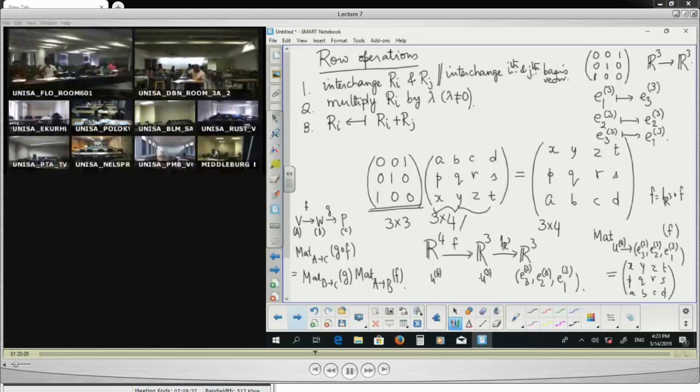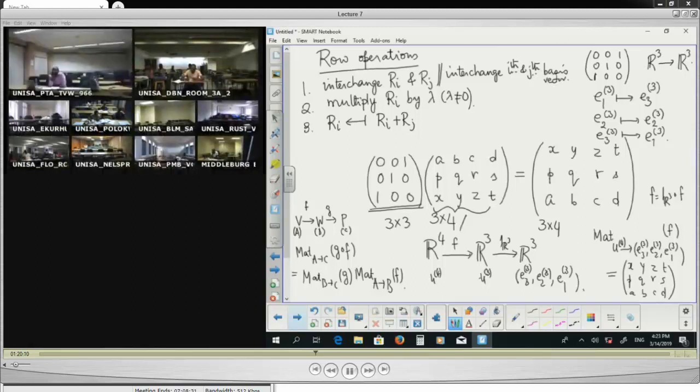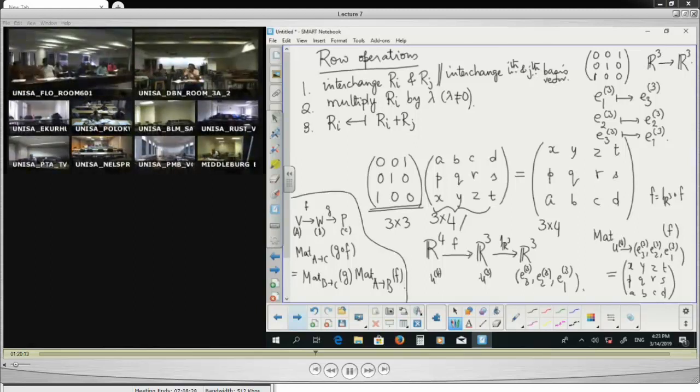If I have two linear transformations, F from V to W, G from W to P, all finite dimensional, then the matrix representing the composite G composed F, from A to C, is the product of these matrices: the matrix from B to C of G, times the matrix from A to B of F. Okay? That's that. So I'm just using this.